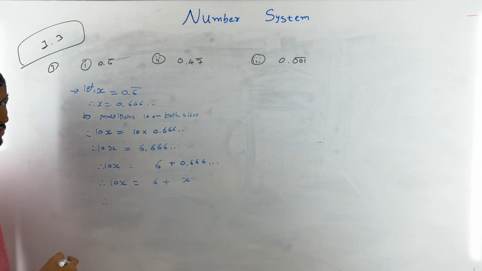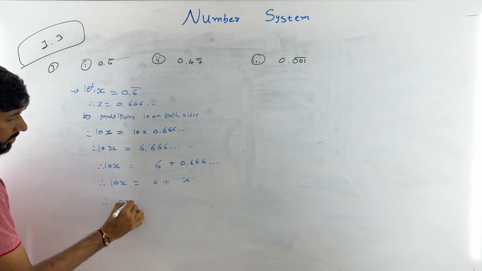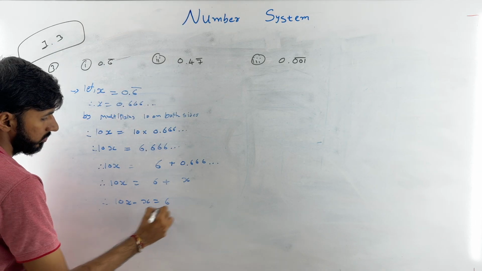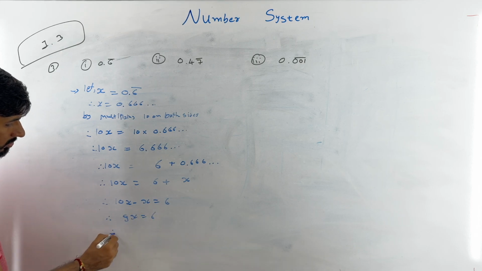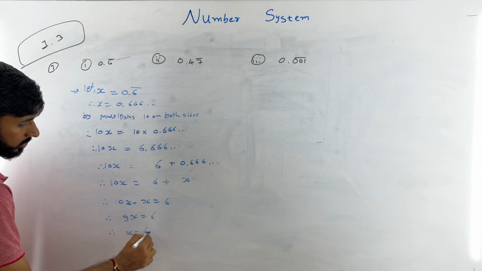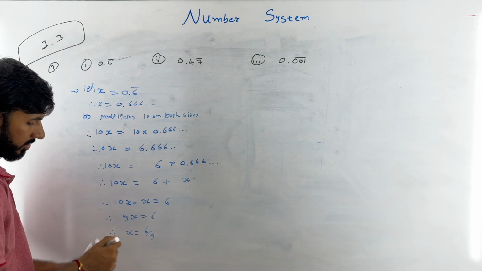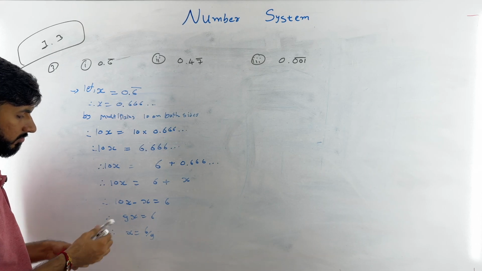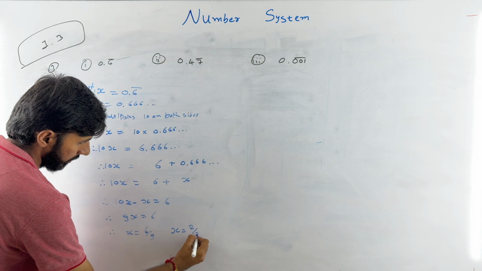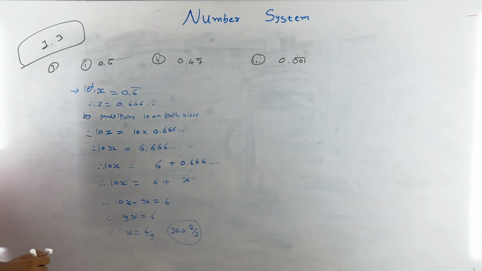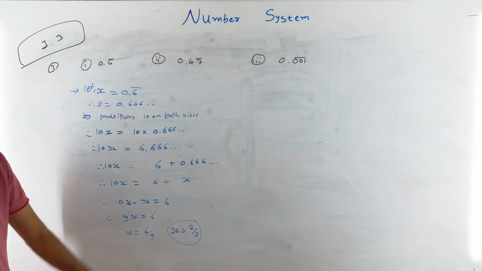If I take x on this side, 10x minus x equal to 6, that is 9x equal to 6. So x equal to 6 by 9. If I cut it, my answer will be x equal to 2 by 3. This will be my answer, right? In the form of p by q.